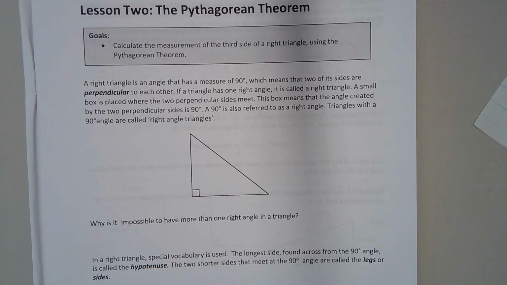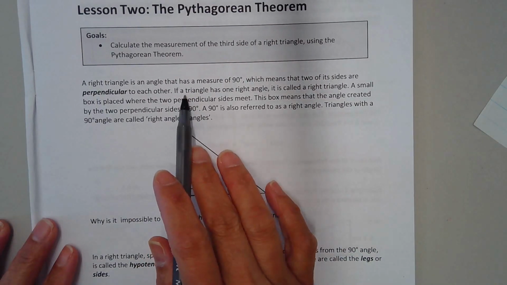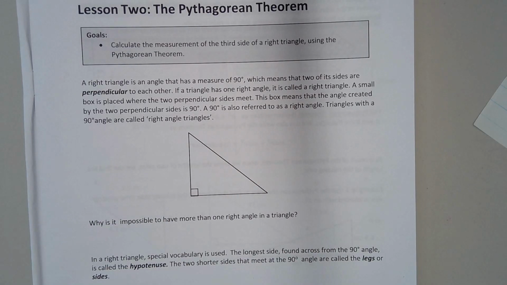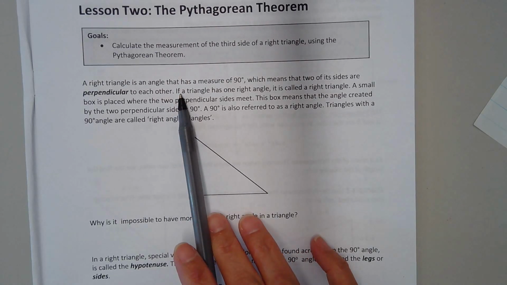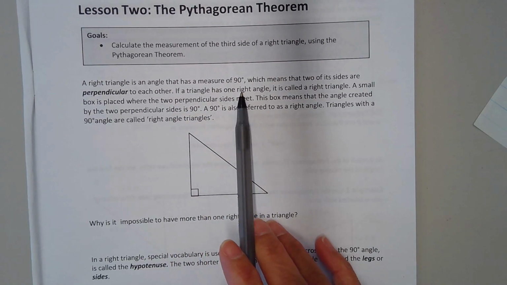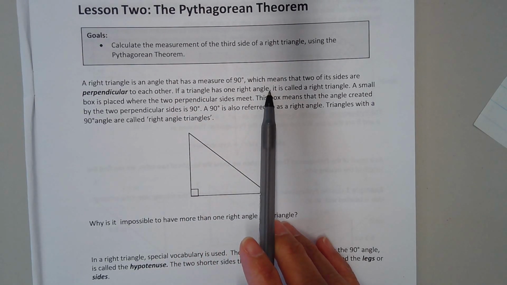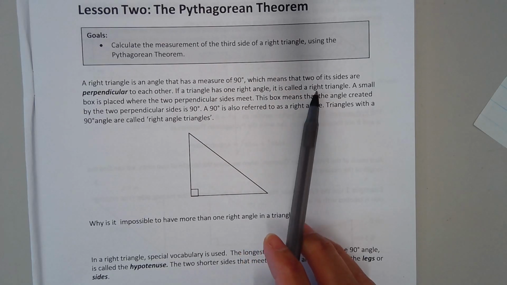It looks like an upside down T or an L, right? So they're perpendicular to each other. Perpendicular means creating a 90-degree angle between the 2 lines. If a triangle has 1 right angle, it is called a right triangle.